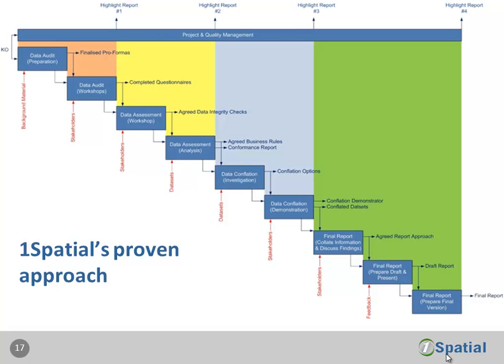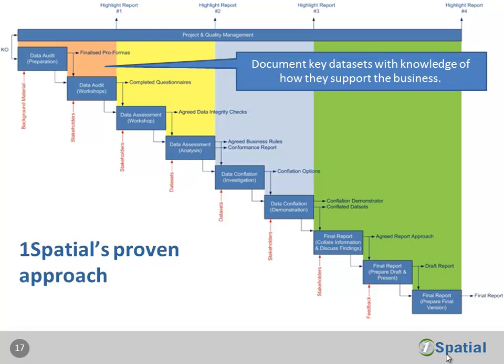So this is what I wanted to share. It's just our approach to looking at a data audit. We go through a series of stage gates with an organisation. So we'll take a look at the key data sets that you have and assist with working out how those data sets support the business. And this is an exercise that you can go through yourselves, independent of any organisation.